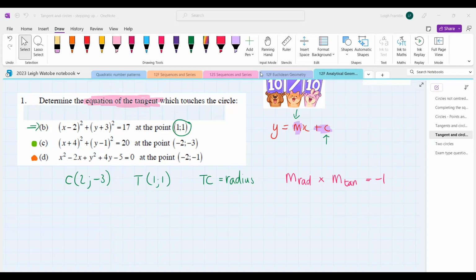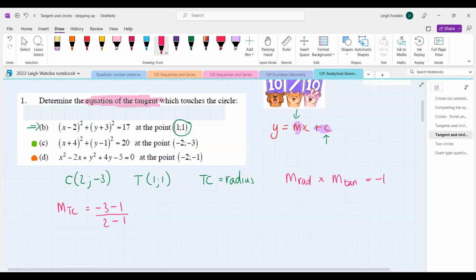Okay, ma'am. We first have to find the gradient of the radius by using the point at the center and point T. Good, and what formula are you going to use? It's y2 minus y1 over x2 minus x1. Lovely. If we sub into that, we end up with -4.